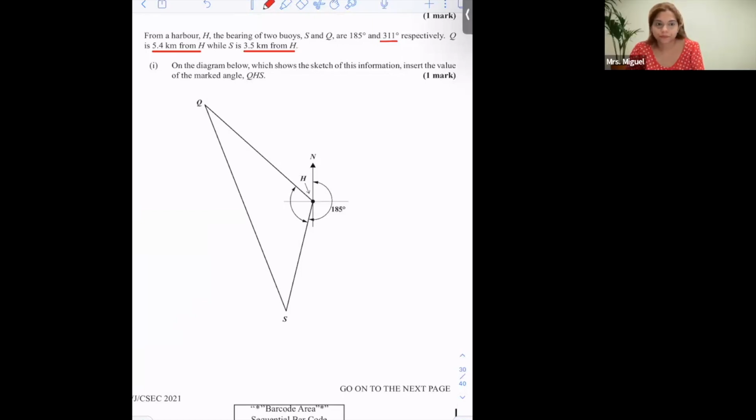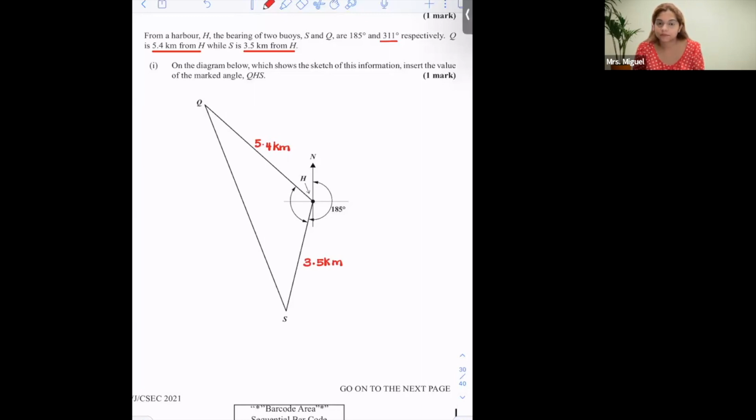So QH is 5.4. So here this is 5.4 kilometers. HS is 3.5 kilometers. Do you have that?